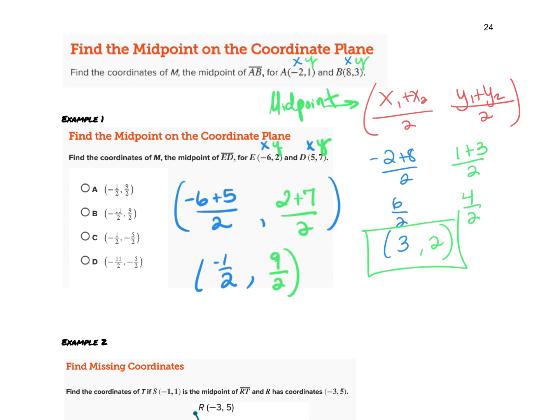So you can see here that after we do the math, our final answer is -1/2, 9/2. Now, be careful because you have two choices that have -1/2 as your first option. So your final answer would be A.